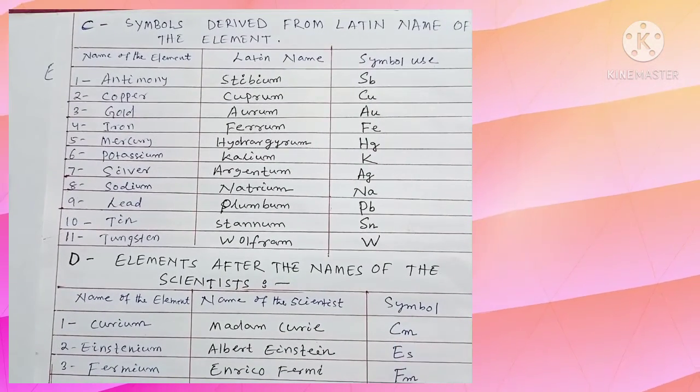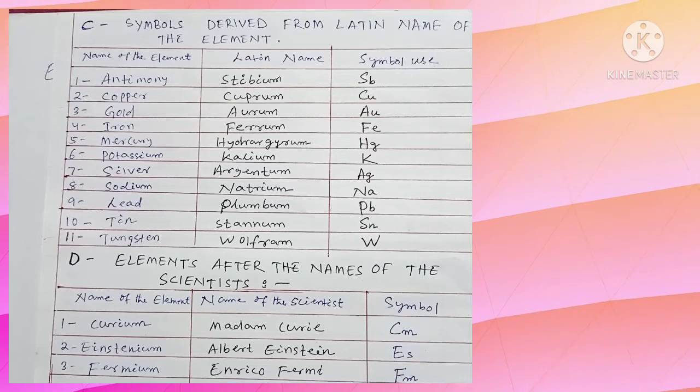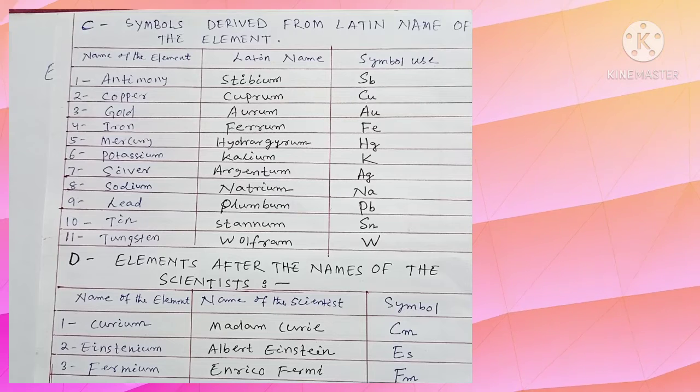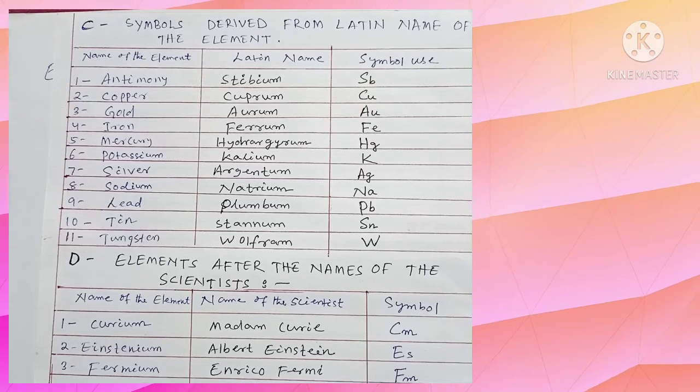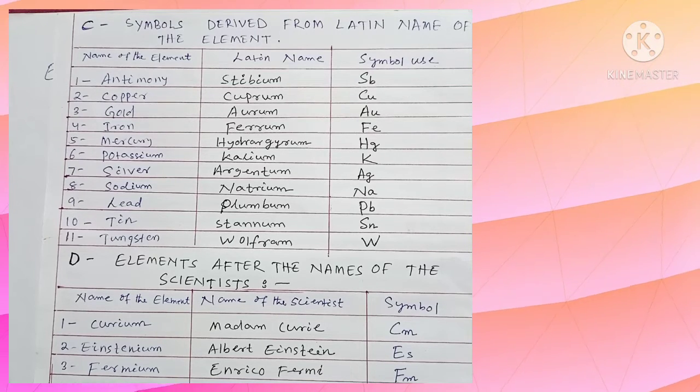Name of the element, Latin name, symbol. For example, antimony, its Latin name is stibium, and the symbol is Sb. For mercury, it is hydrargyrum, Hg. For silver, argentum, Ag. For sodium, natrium, Na. For potassium, kalium, K. For tin, stannum, Sn. In this way, it is given.